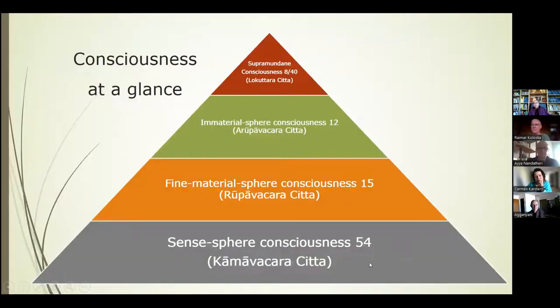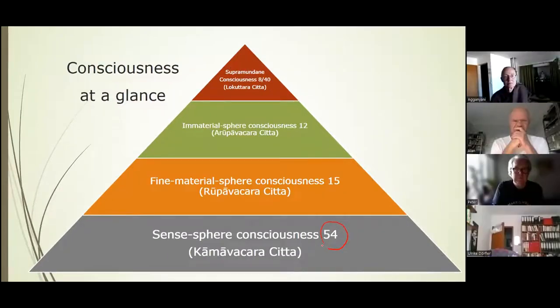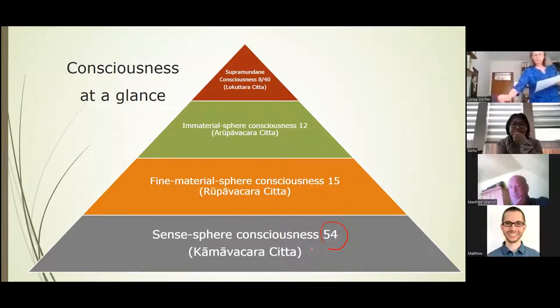So if we summarize the Chitta, the consciousness chapters, you will see these numbers, these kinds of consciousness. Sense-sphere consciousness altogether 54, Kamavacara Chitta. We have already talked about these Pali words as well.